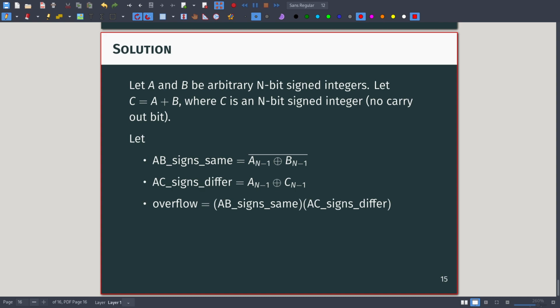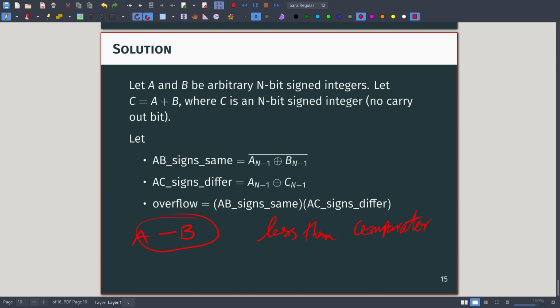And as an exercise, you should consider, how do you detect if overflow occurred with a minus b? This is important because of your less than comparator.